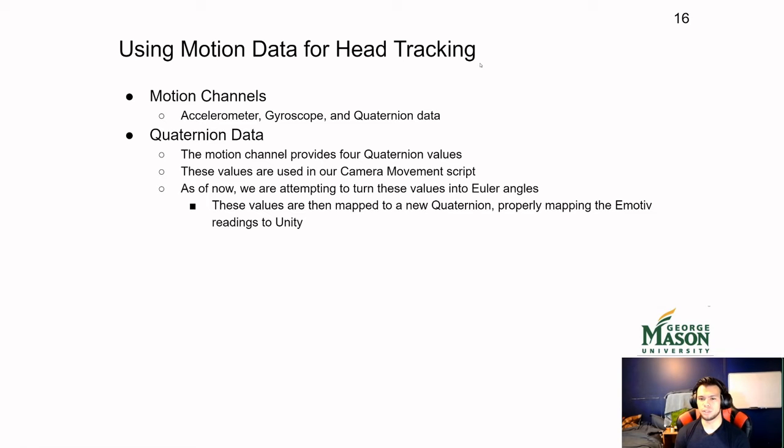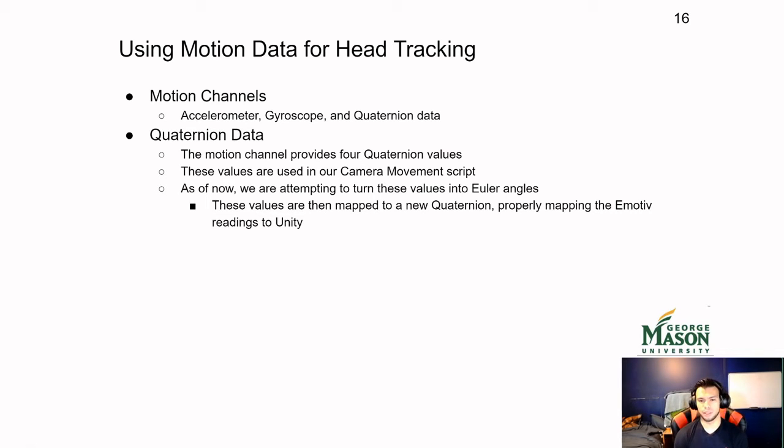We were thinking about using the accelerometer and gyroscope data at first, but we realized that quaternion data actually takes those two into account. So the plan for reading the information from the quaternion values is to take the data stream that we have in Unity and obtain the values from the channels. Those values will then be mapped into Euler angles.